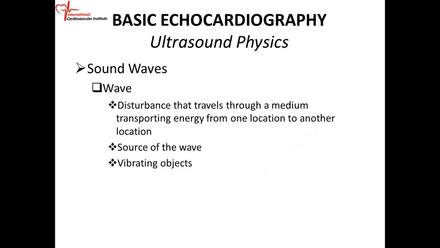We know the speed of sound in different types of medium. The speed of sound in soft tissue is 1540 meters per second. You have to remember that. So you can work out the time your signal is going to take to travel from the transducer to the structure and back.